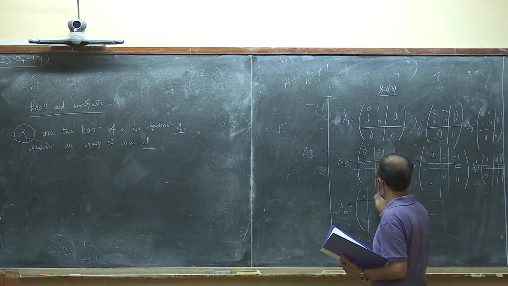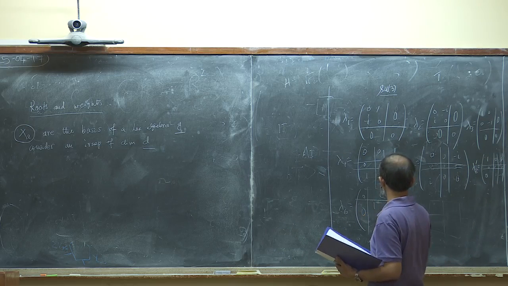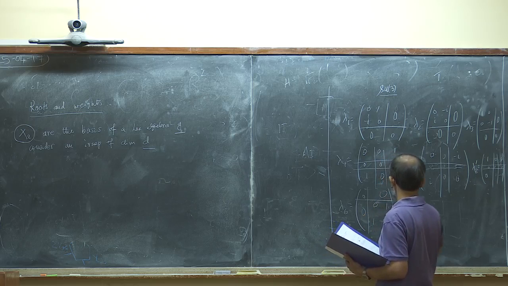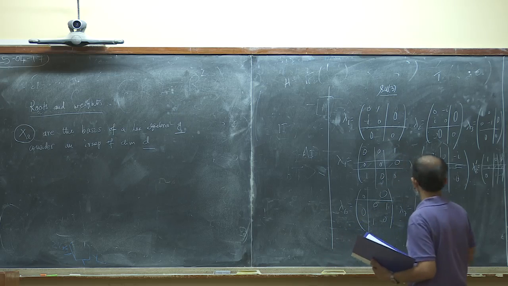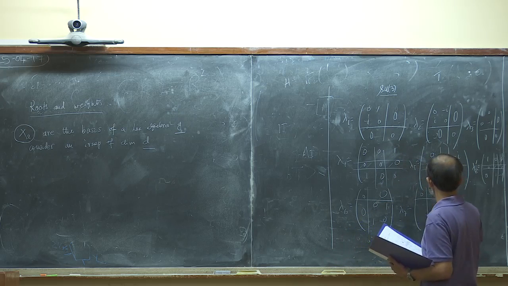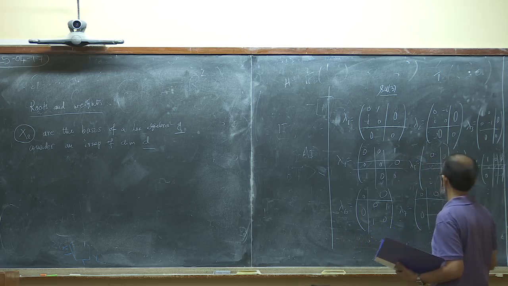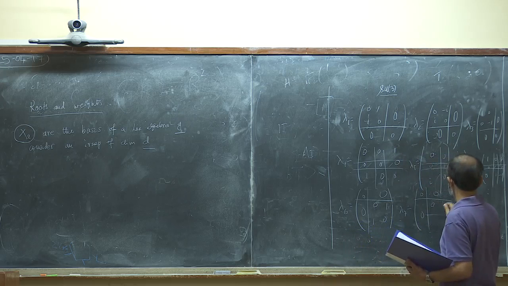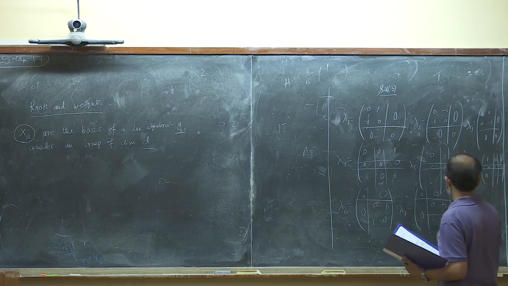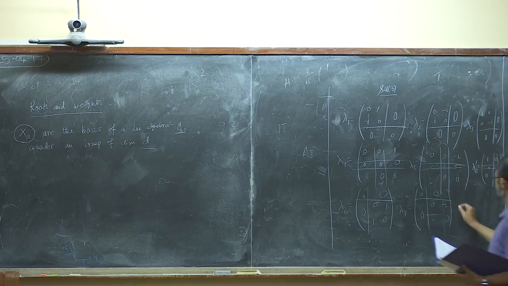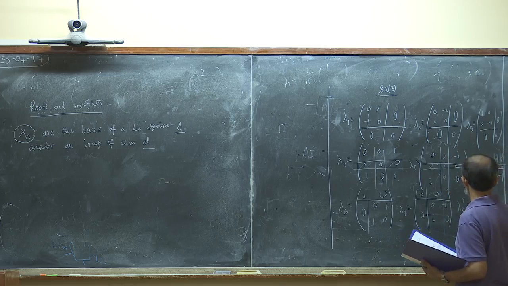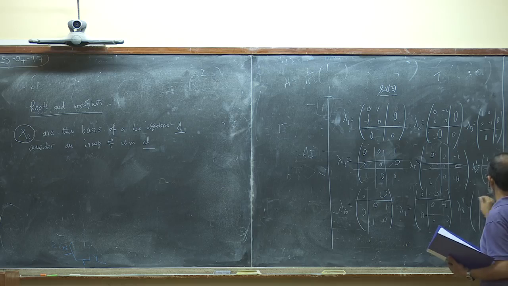So I first put zeros here, and the structure is now getting clearer, hopefully. Then lambda 7, I would put trivial things here, and in the 2-3 plane I would write the Pauli matrix sigma 2. And here I can write something like this again, which is 0, 1, 0, 0, minus 1.